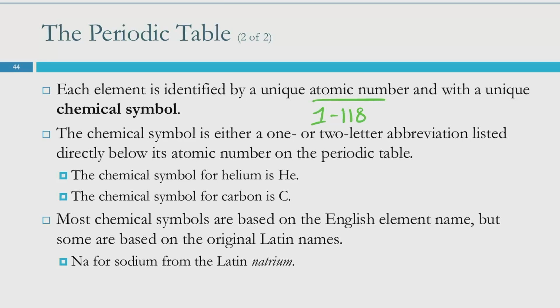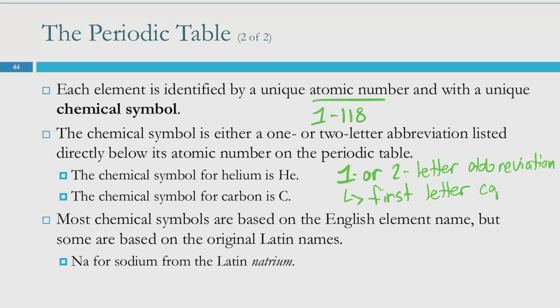Our chemical symbol is a 1 or 2 letter abbreviation. The first letter is always capitalized. The second letter is always not capitalized, if there's a second letter.